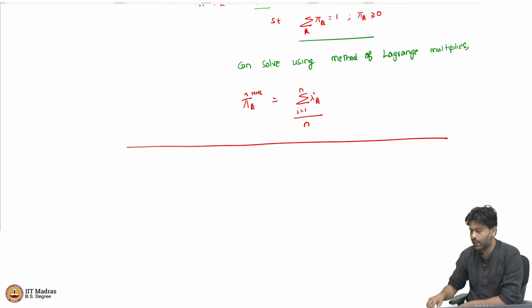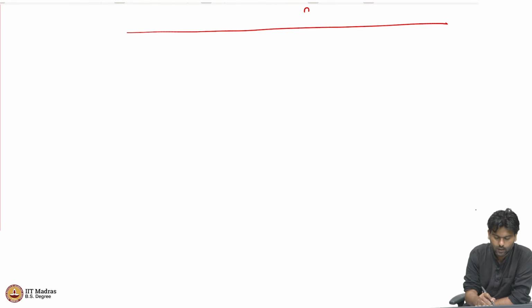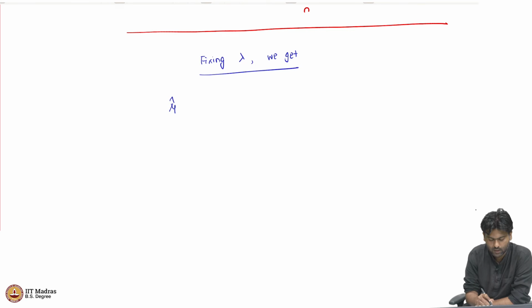So, basically putting everything together, what we have is the following. Fixing lambda, if we maximize with respect to theta, we get the following. I will just summarize this: mu hat MML k is just the weighted mean, where the weights are given by these lambda_ik that we are assuming.